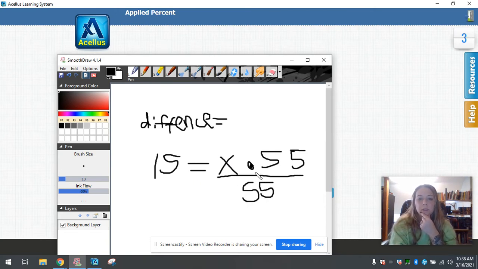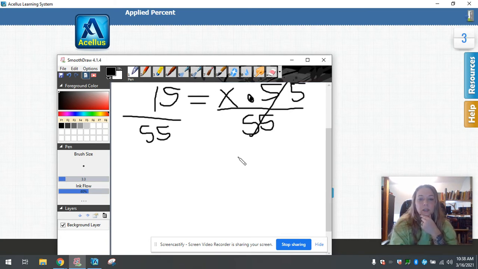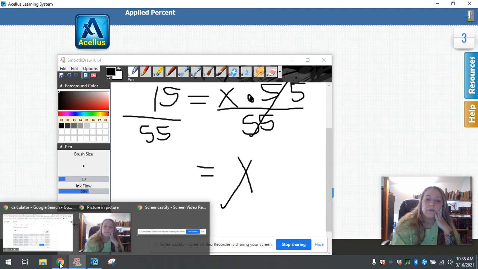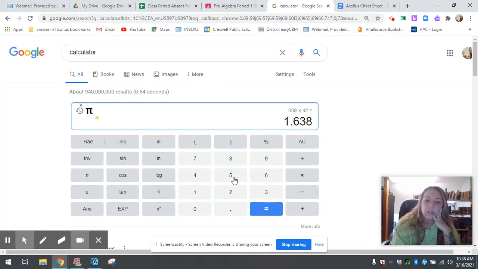To undo multiplication, I divide by the number that's attached to the variable, and what I do to one side of the equation, I do to the other because it needs to balance. Then we get rid of those and we are left with x. Yay, we've got the variable by itself. And then we have to go 15 divided by 55.